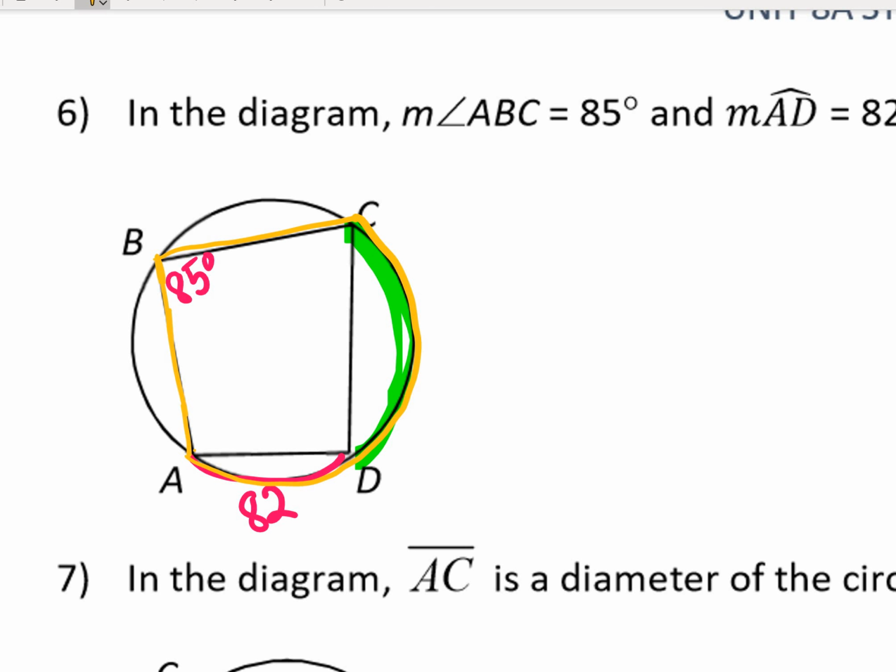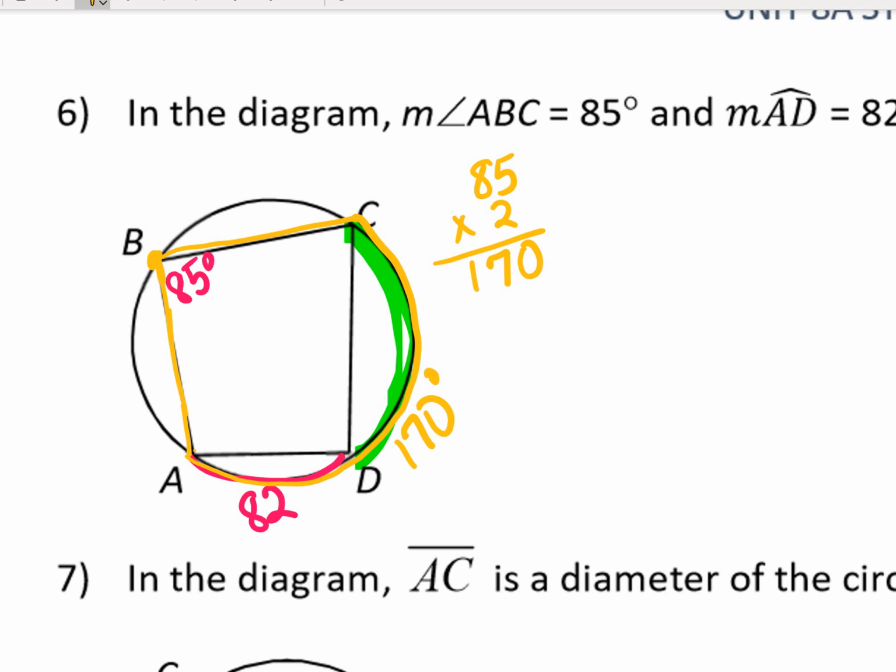So if that intercepts ADC and it is an inscribed angle, so it is 1/2 the measure of its arc. Well, we don't know the arc, so the angle, we need to double it. 85 times 2 would give us the arc measure. So 170 degrees is the arc measure here.